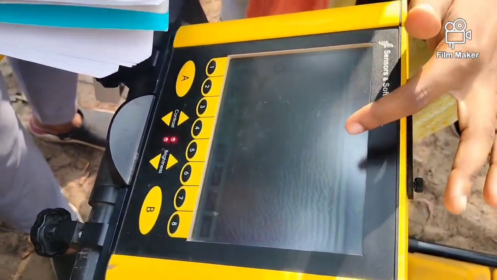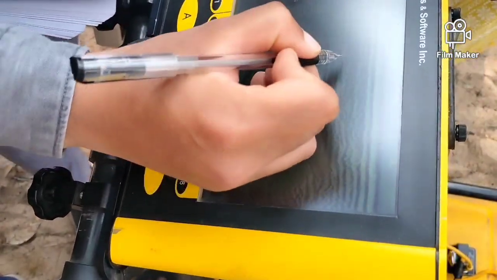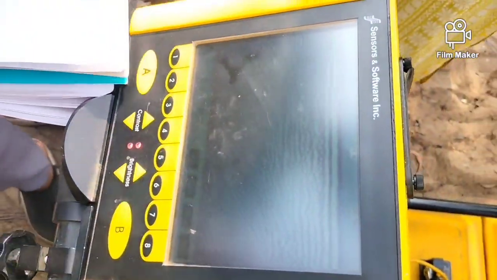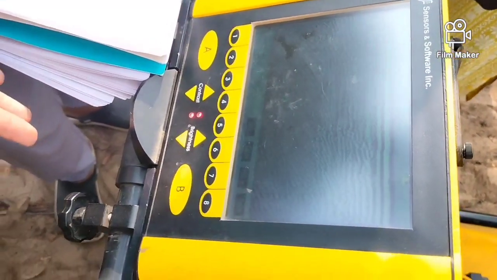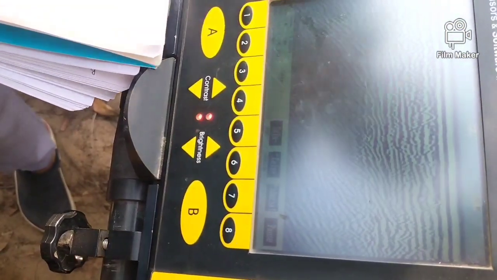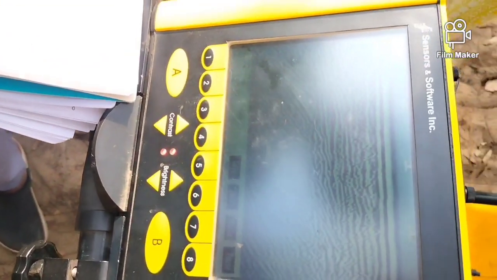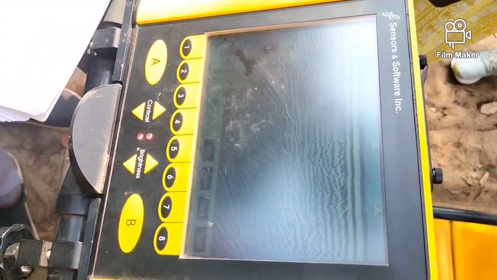Okay. Yeah, so these are hyperbolas. You can see this one, this one, this one. This could be because of tree roots. This could be because of some metallic thing in there. Could be some utilities, but in this case here there won't be any utilities. These hyperbolas could be anything that's pointy.